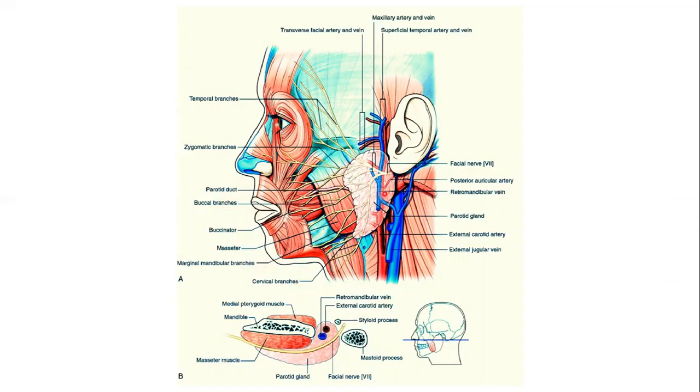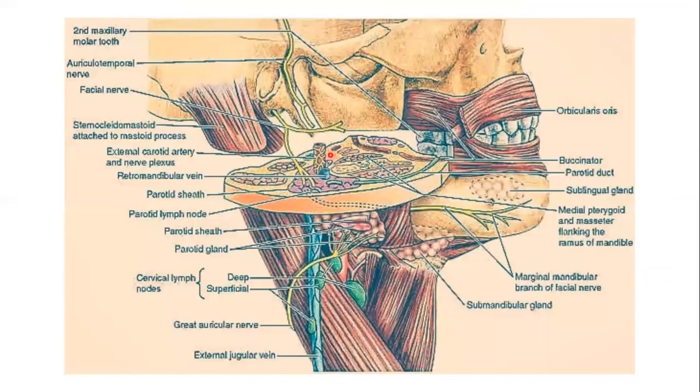And the fifth thing is the parotid lymph nodes. These are present almost on the parotid sheath, embedded over here, the parotid lymph nodes.